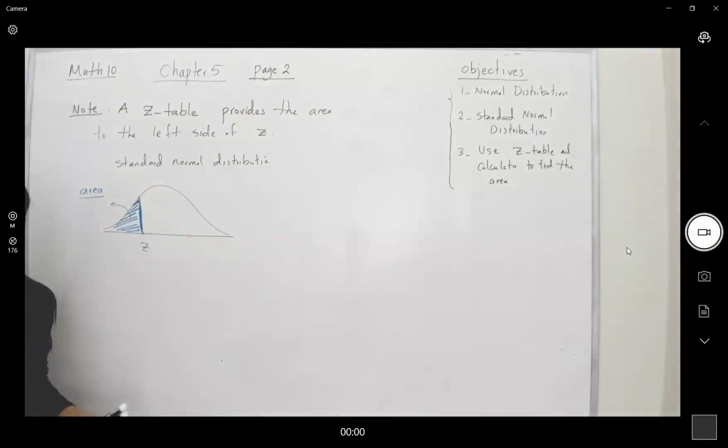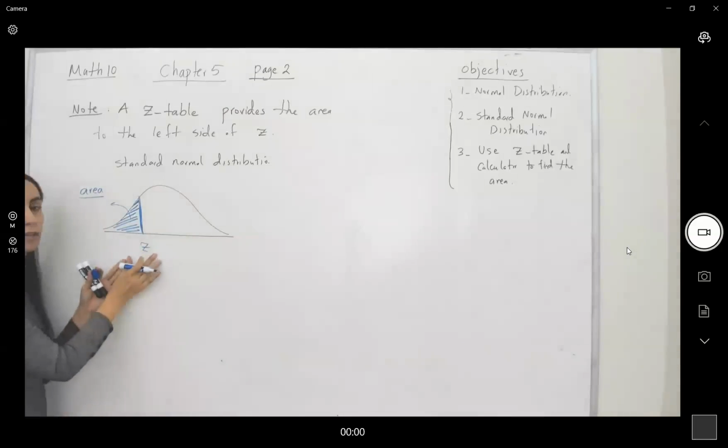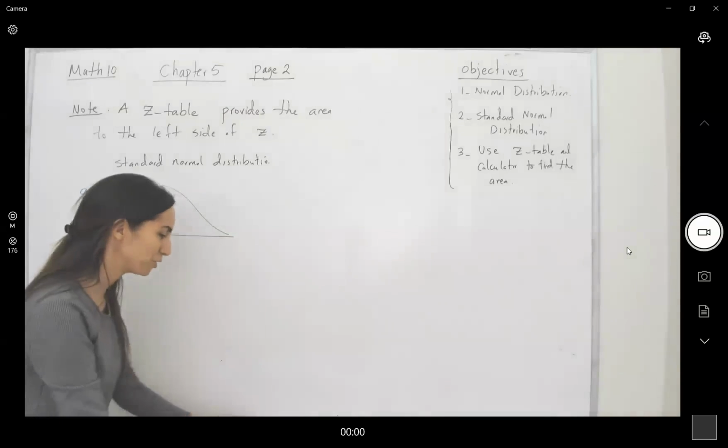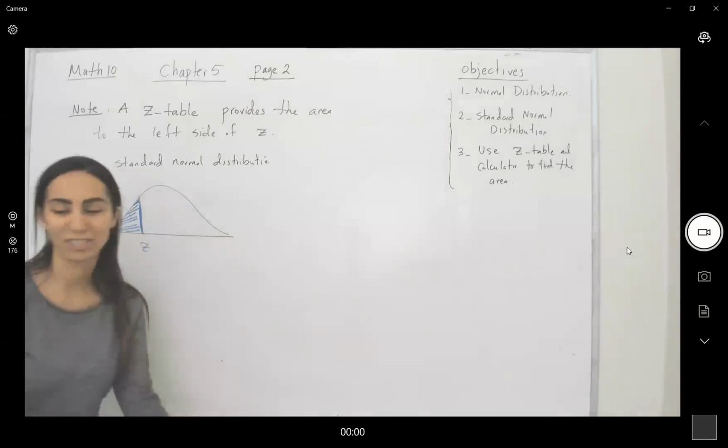So if the question says, find the area or probability that your Z is less than a given value, the Z table actually gives you the area to the left side. It doesn't give you the area to the right side. So step by step, we're going to learn how to read our Z table.